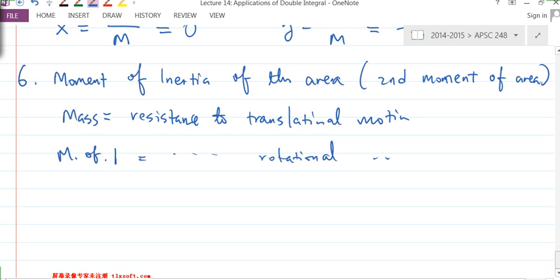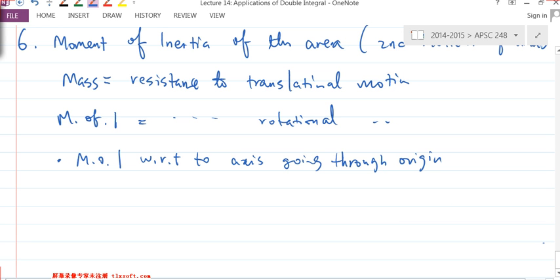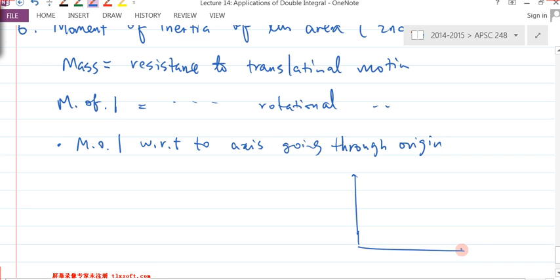Okay, so let's talk about moment of inertia here. I'm going to start from a simple case study: the moment of inertia with respect to an axis going through the origin.